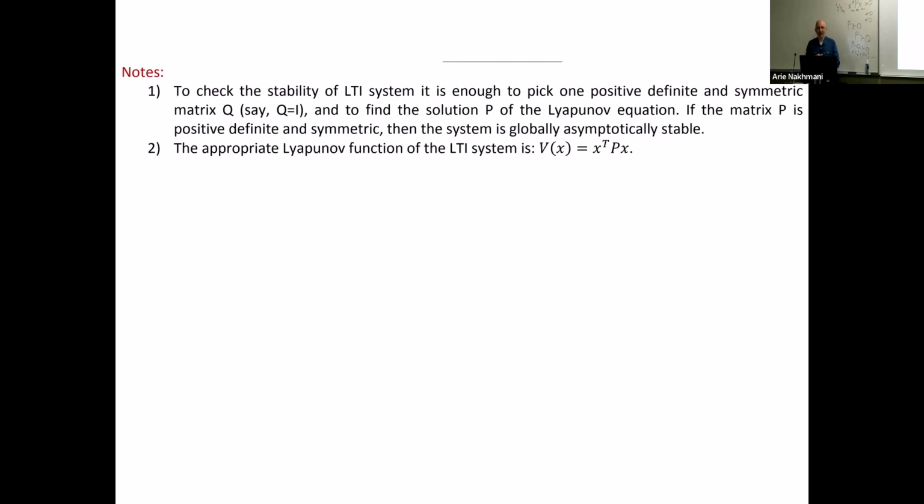All right, another question. Can you think about linear systems which have an equilibrium point not at the origin? So x equilibrium is not zero. Can you think about linear systems like that? LTI systems.